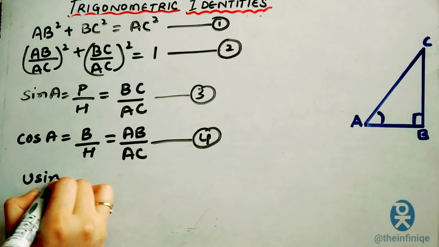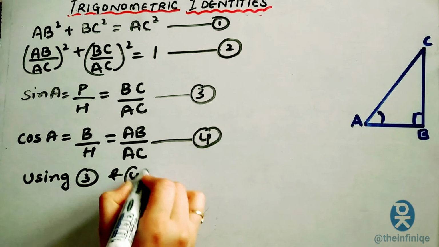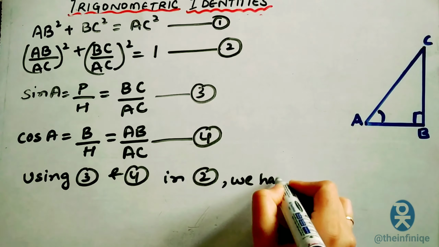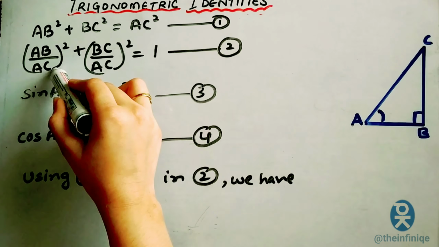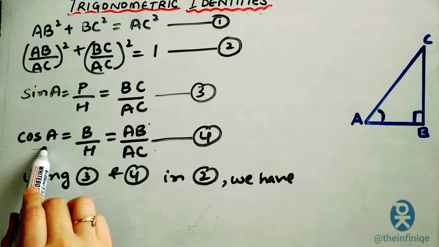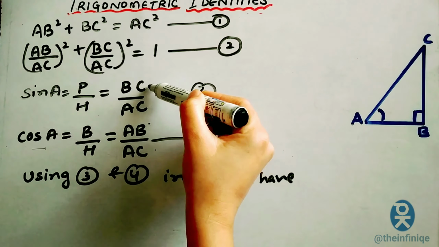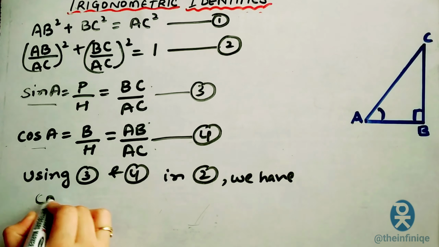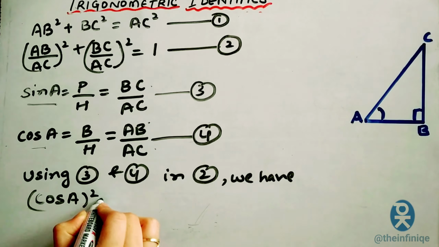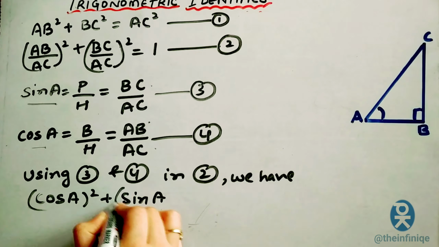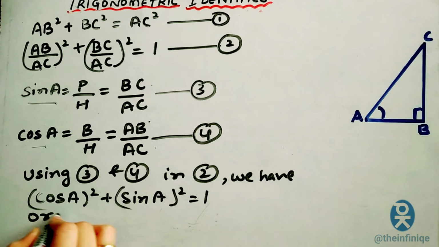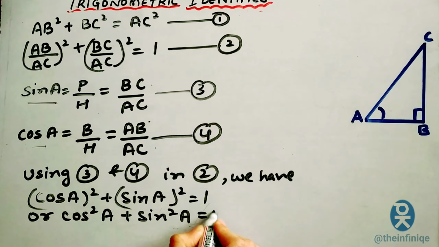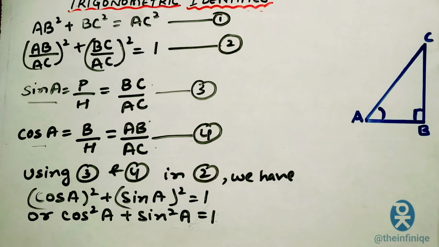Now using third and fourth equations in second, we get AB upon AC is equal to cos A and BC upon AC is equal to sin A. So we can write (cos A) whole square plus (sin A) whole square is equal to 1, or cos square A plus sin square A is equal to 1, which is our first trigonometric identity.